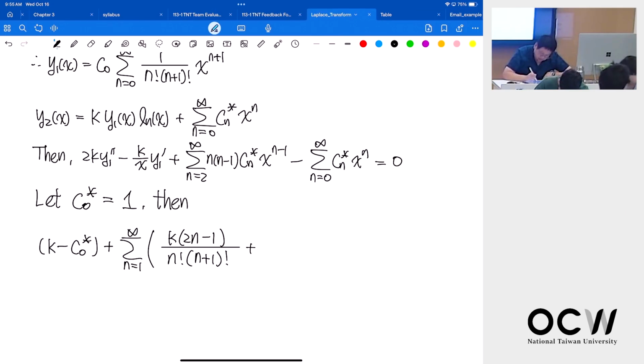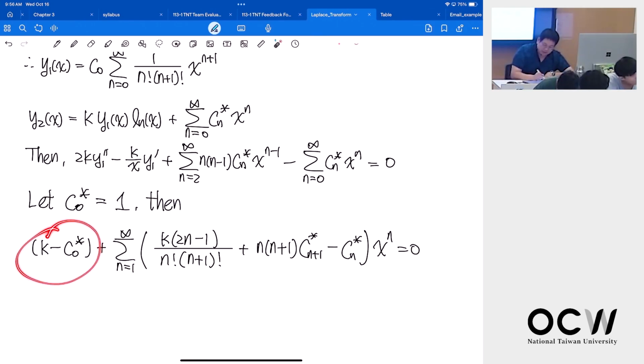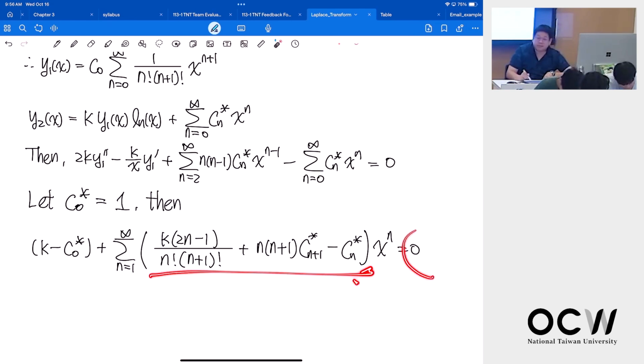So the second term, n times (n plus 1) Cn plus 1 star minus Cn star times x^n, that should be 0. So apparently this should be 0 and this coefficient should be 0 because I have to satisfy the right hand side.